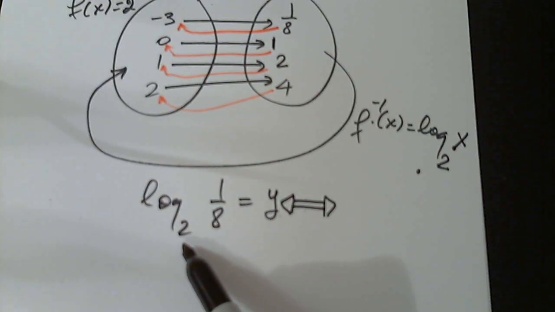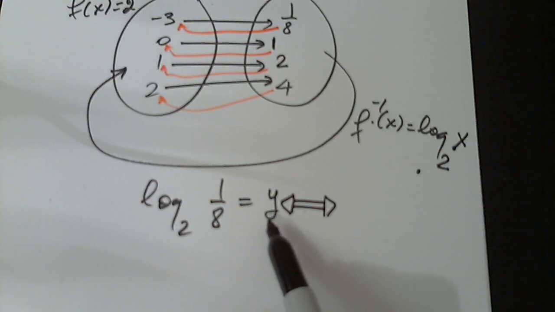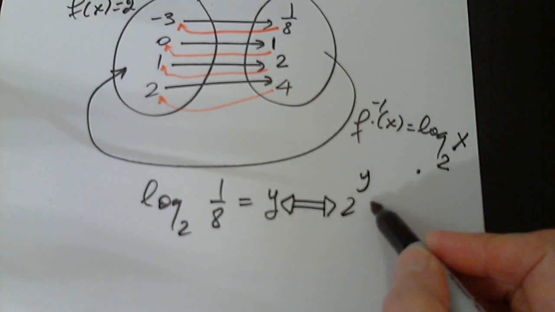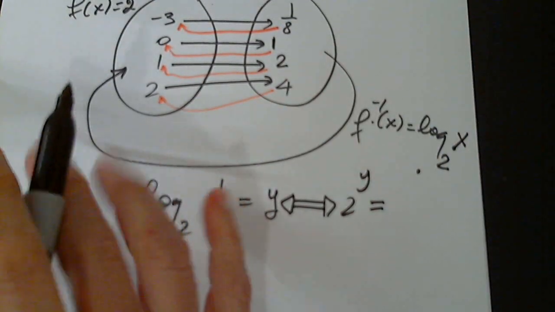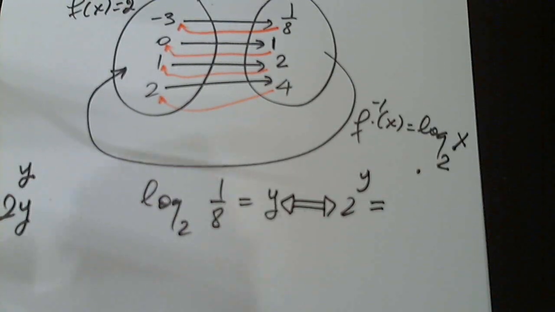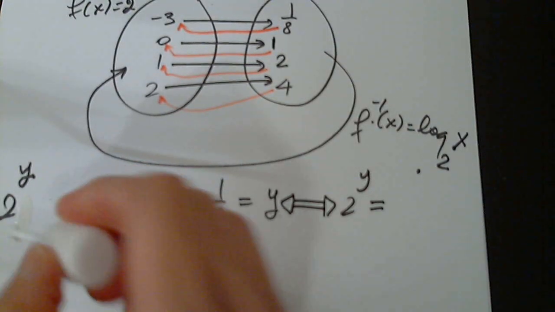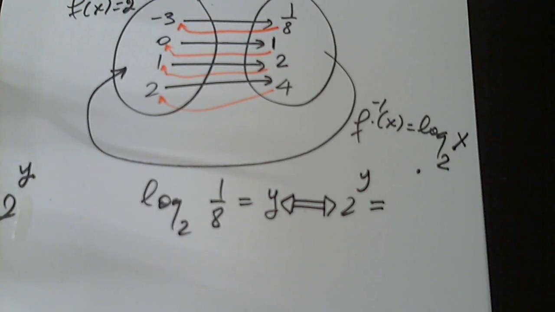Two. 2 raised to y. Be careful, not 2 times y, right? 2 raised to the power y. Good.